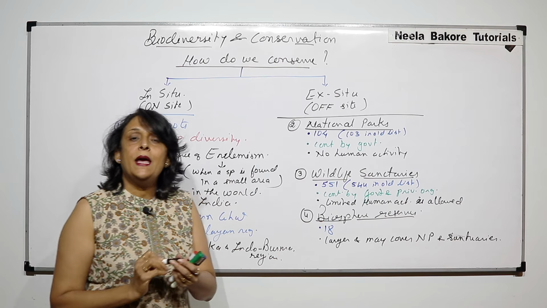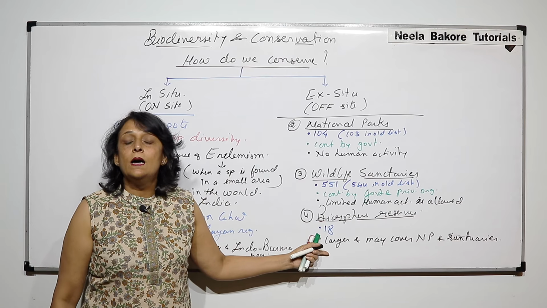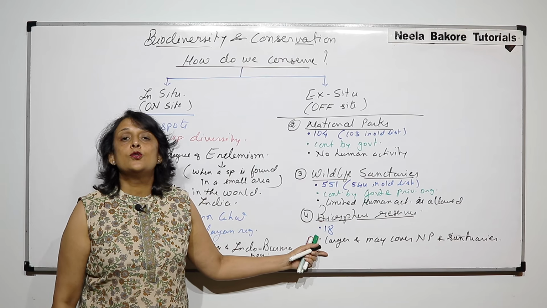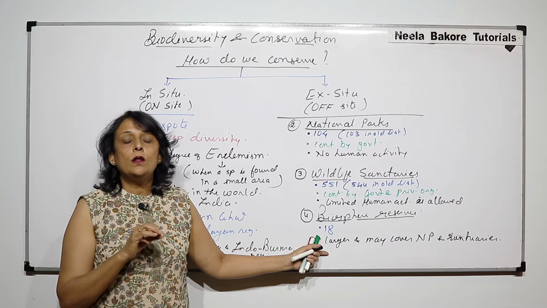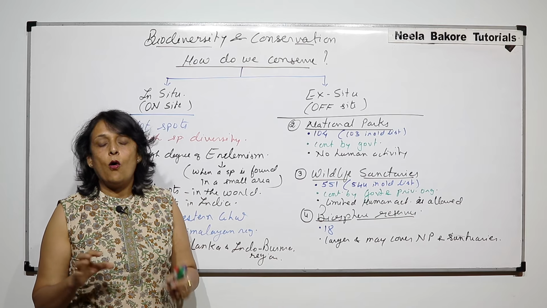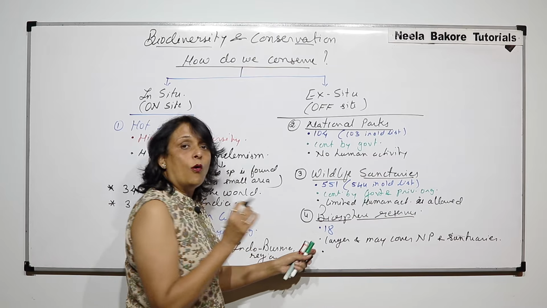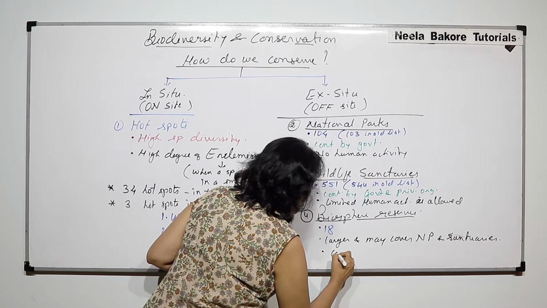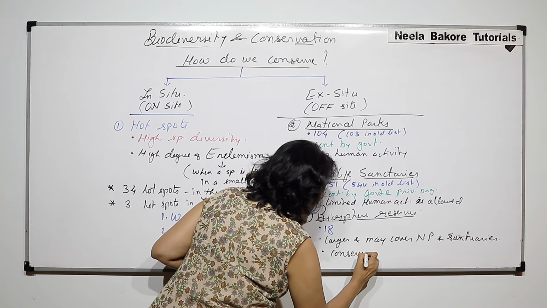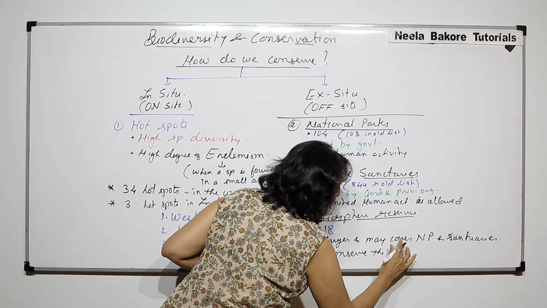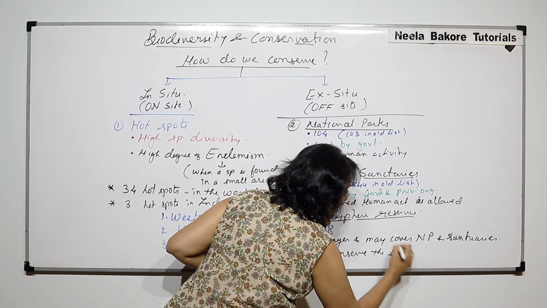And here the main idea or the main aim is to conserve all the flora and fauna, or in other words we can say here the agenda or the target is to conserve the biodiversity or species diversity.